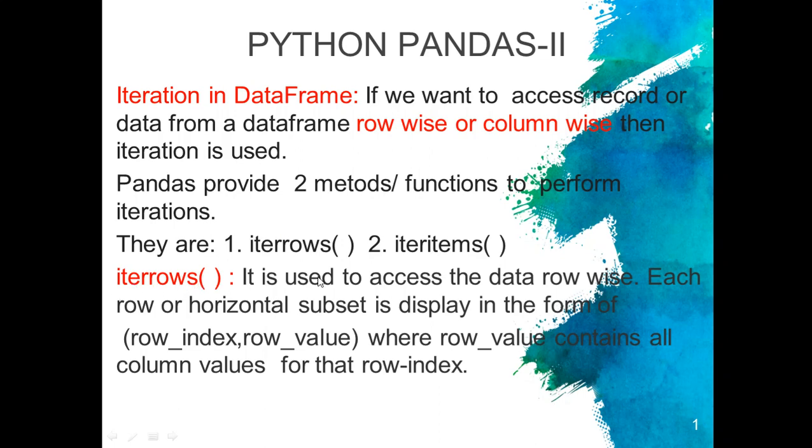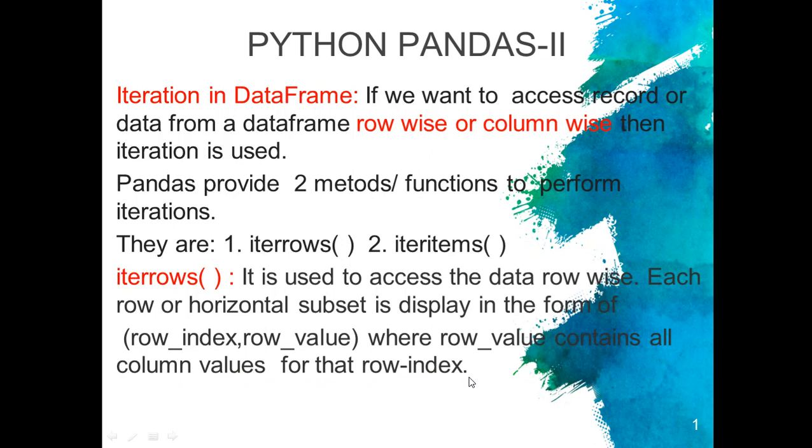iterrows is used to access the data row wise. Each row or horizontal subset is displayed in the form of row index, comma, row value. When you want to iterate, first of all you will write the row index with the help of a for loop, and after the comma you will write the row value, where row value contains all the column values for that row index, because we want to access one complete row.